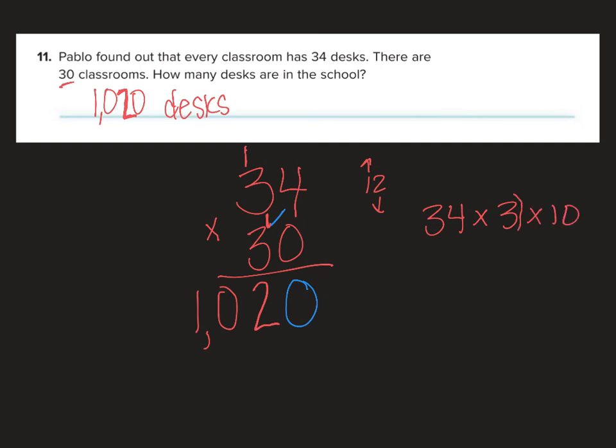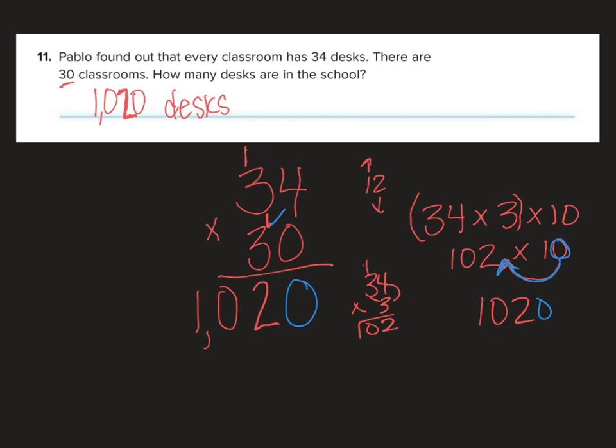Okay, so if I move my parentheses to what's 34 times 3, that's 102. Times 10, I just move my 0 right there. It will be 1,020. Right, this 0 went over to there.